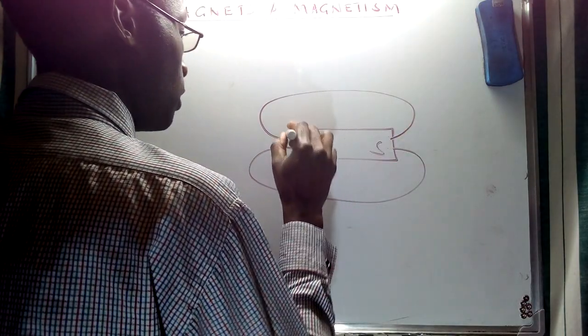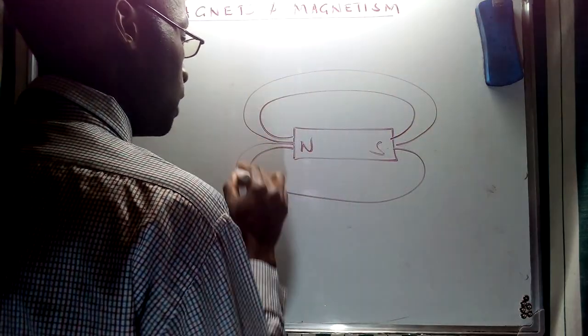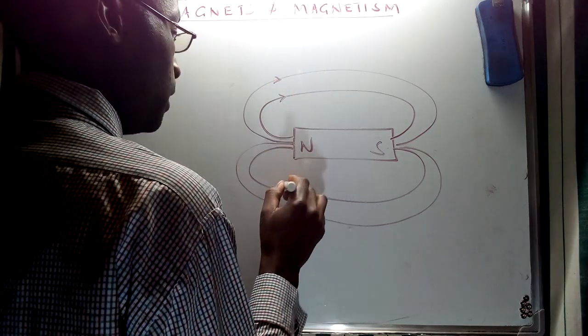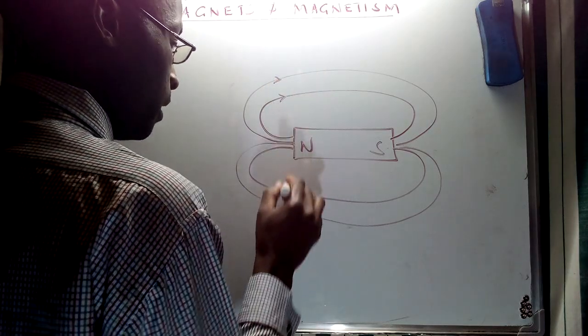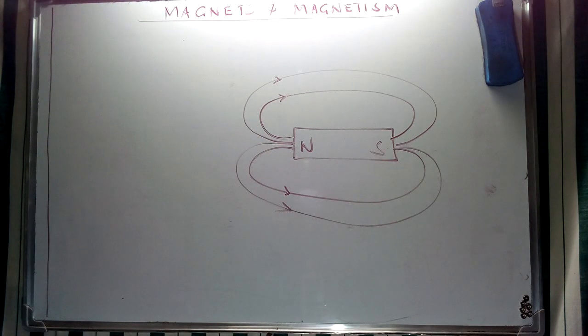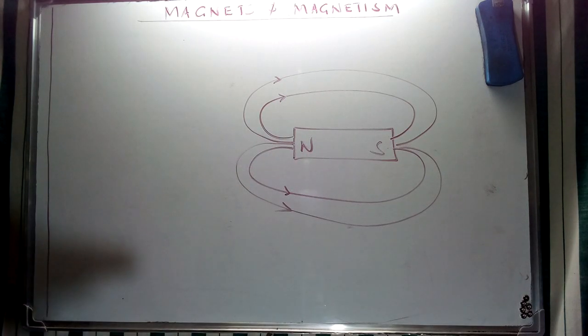So there are lines of attraction that move from the north pole to the south pole, and these are known as magnetic field lines. Magnetic field lines are the lines of force that create an influence around this magnet, and therefore it is referred to as a magnetic field.